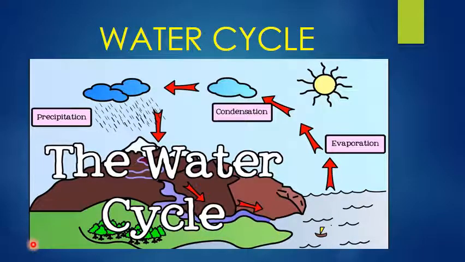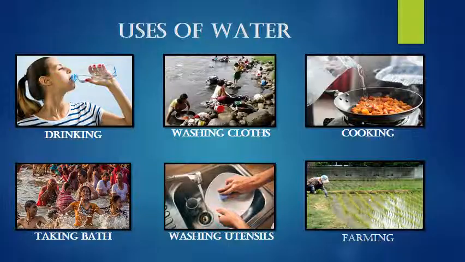So this is known as water cycle because it moves in the form of a cycle. Again, the water which comes down to the earth evaporates because of the sun's heat. Again, it rises up into the sky. The condensation takes place, and again, when the clouds become heavier, they fall down in the form of rain. And that is why this is known as a water cycle.